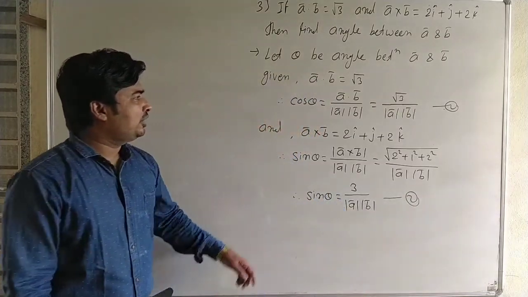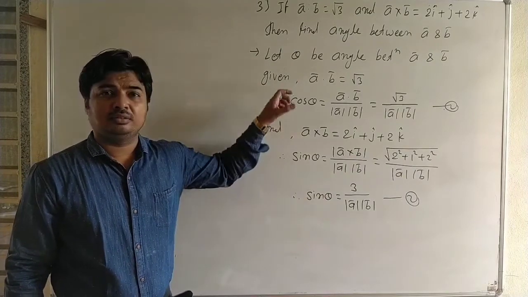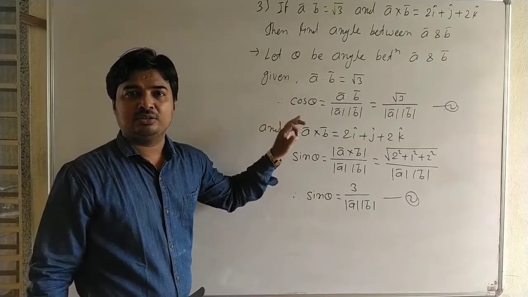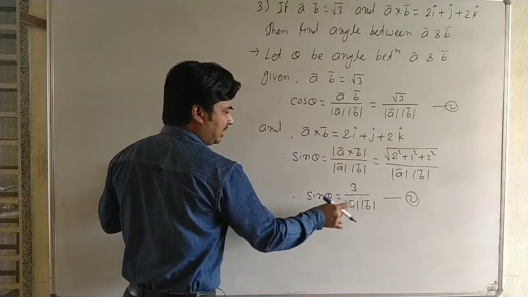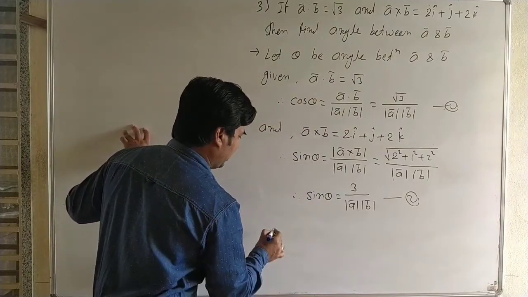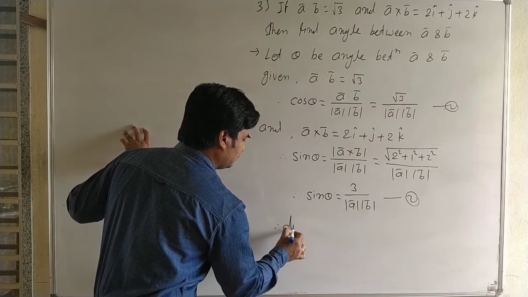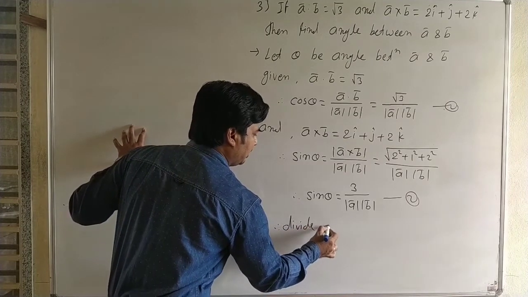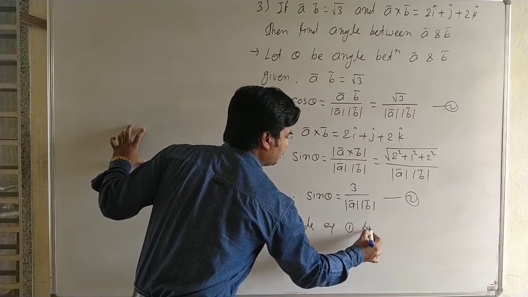Now by using equation number 1 and equation number 2, we find the value of theta. Cos theta is equal to this and sin theta is equal to this, so we divide equation 1 by 2.